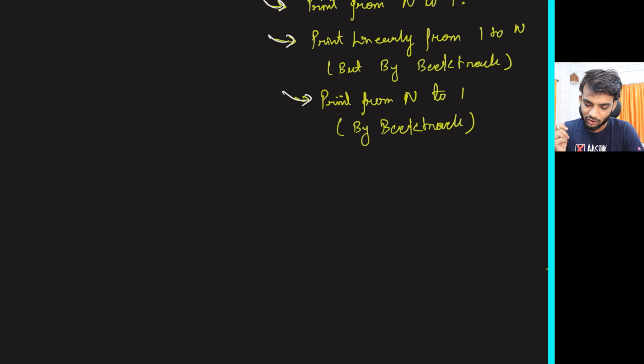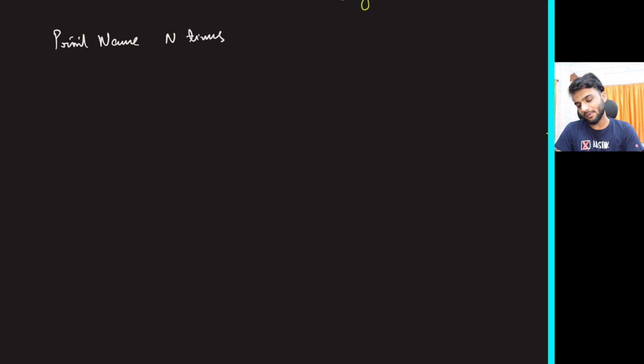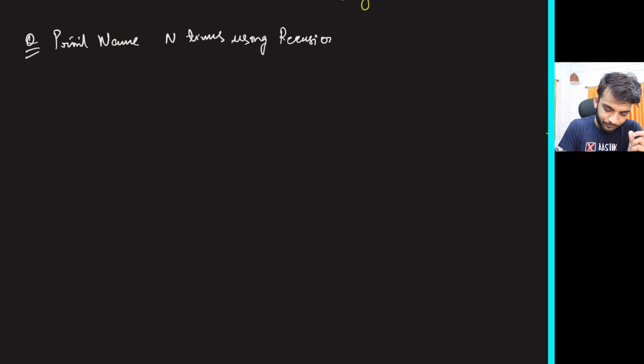So let's take the first problem and do it. That is print name n times. Let's keep it n times. The generic way is definitely to run a for loop and print the name n times, but I want you to print your name n times using recursion. Yes, that's the catch here. So how can you do this?